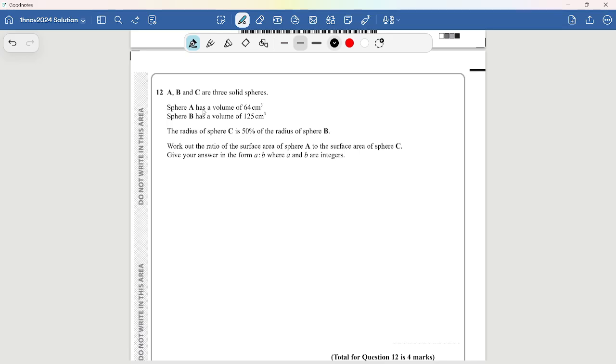So we have got three different spheres, A, B, and C. Now we have the volume of sphere A and B given as 64 and 125 centimeter cube each.